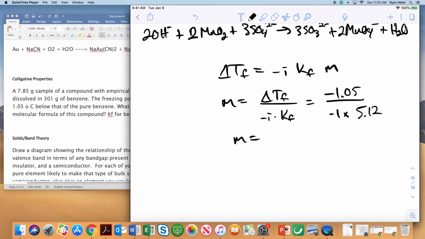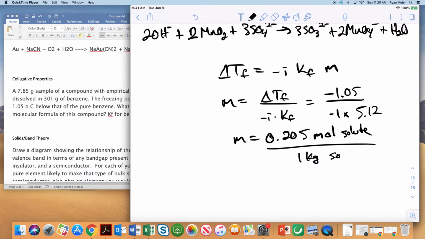And so I can find our molality. And it's about 0.205 molal. But what does that really mean? That little m for molal really means moles of our solute divided by 1 kilogram of solvent.